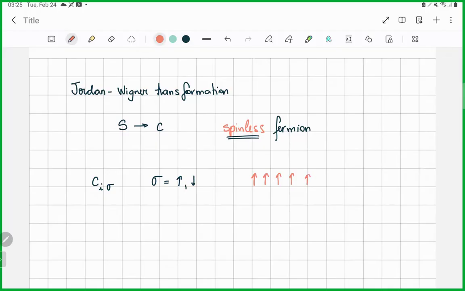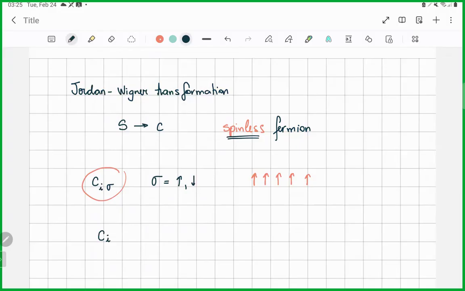Now you see that in this case, this spin degree of freedom becomes not important. It's not relevant. It's frozen. So instead of dealing with this operator, we can just talk about this operator Ci.